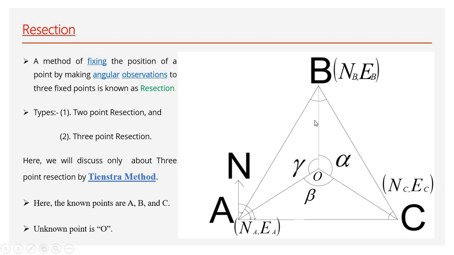We have altogether two types of resection: 2-point resection and 3-point resection. Here we will discuss only 3-point resection by the Tienstra method. Another method is Collins method.